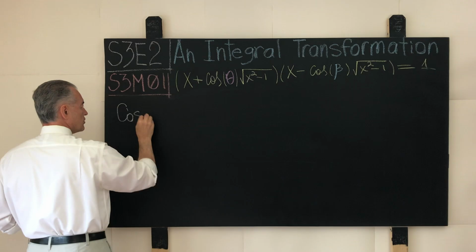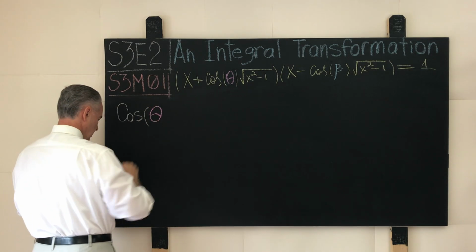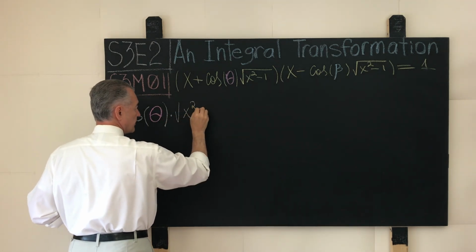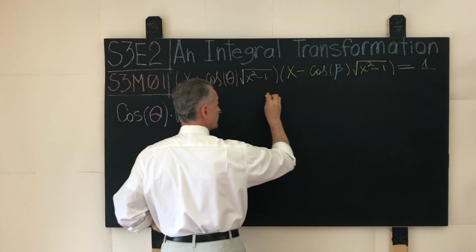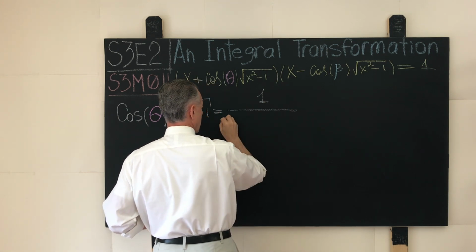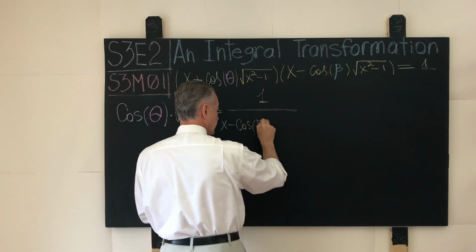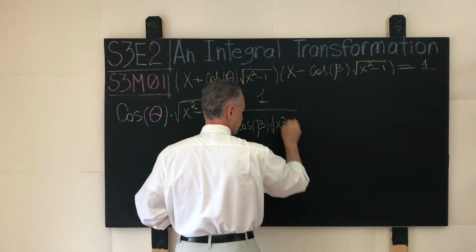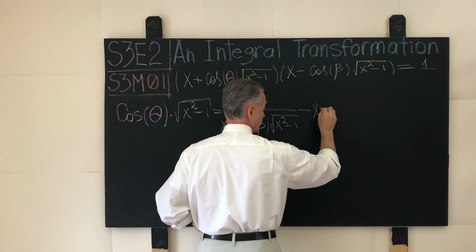Well, I'll keep the same colors. The cosine of theta times the square root of x squared minus 1 is equal to what? 1 over this animal right here, 1 over x minus cosine of beta times the square root of x squared minus 1, minus x. And what do we have?